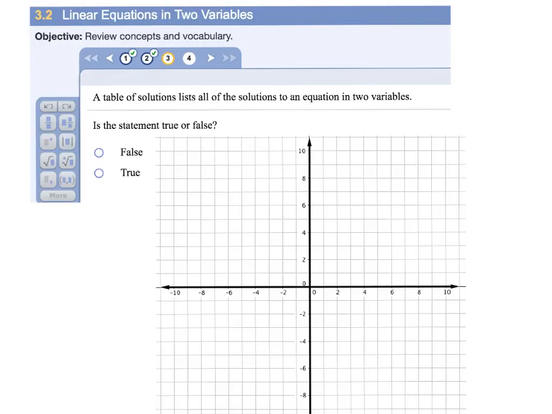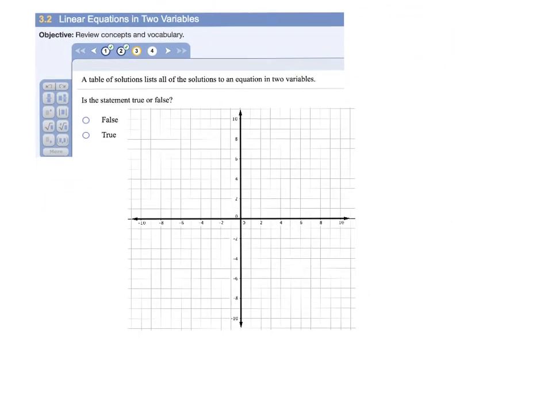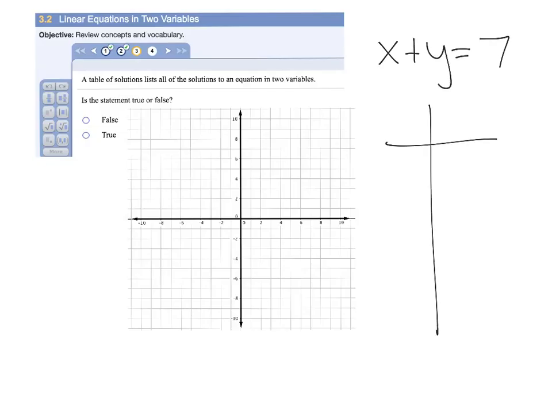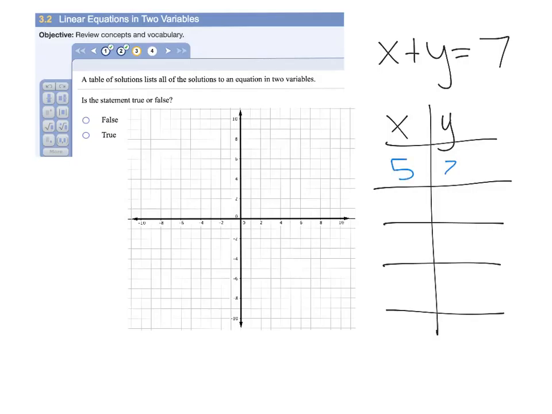Now, here it says a table of solutions. All right, so we had that previous one where we said, okay, let's do x plus y equals 7. And so you have your x and your y and all the relationships that make 7. So you could do 5 and 2, you could do 2 and 5, you could do 1 and 6, you could do 6 and 1.